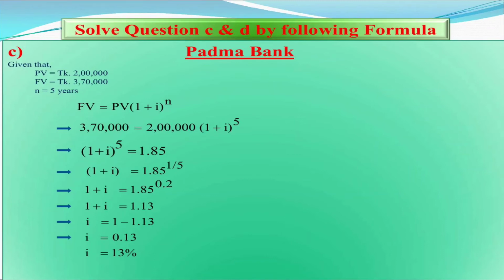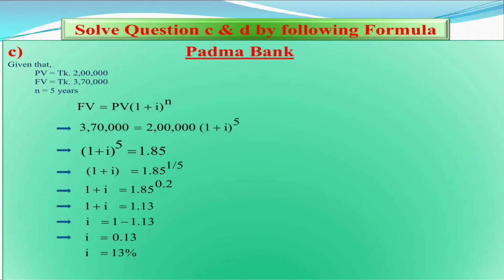So 1 plus I equals 1.85 to the power 0.2. If we calculate the value, it will be 1.13. That means 1.85 to the power 0.2 equals 1.13.